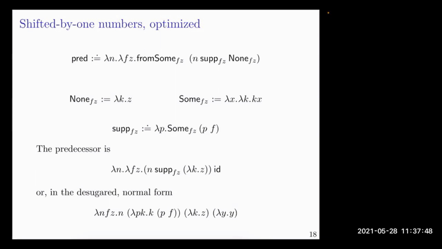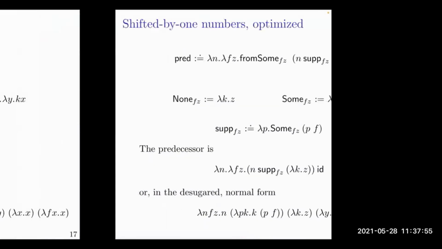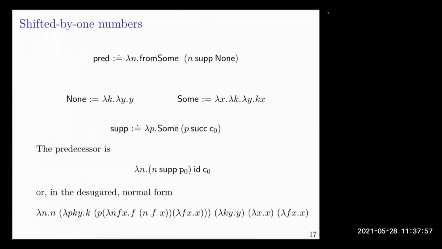Here's one intuition, although probably not the one, but maybe some people like it. On the previous slide we have some and none. You can see it looks like continuation passing style to some people, like K, and that's why I use the number K as a continuation.